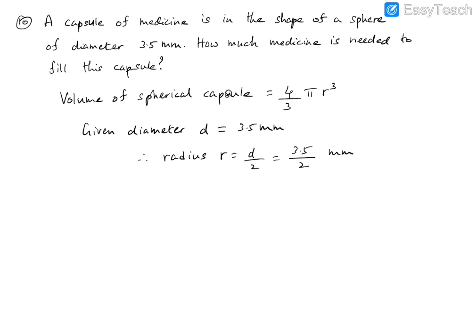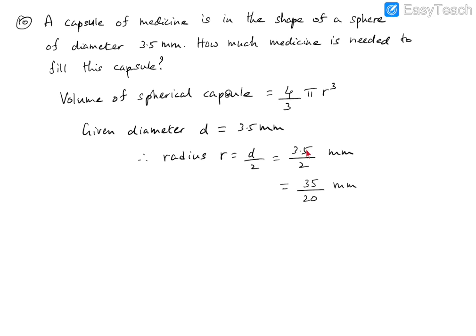And just to keep our calculations without the decimal, we just multiply the numerator and denominator by 10. So 3.5 into 10 we will get as 35, and 2 into 10 we will get it as 20. So that's 35 divided by 20 millimeter. It's the same thing. 35 divided by 20 or 3.5 divided by 2, both will give us an answer of 1.75 millimeter.